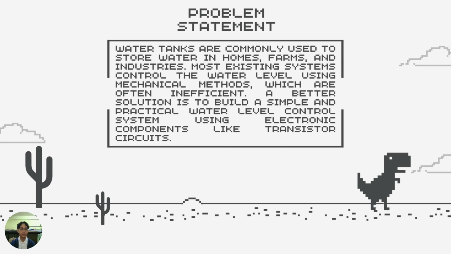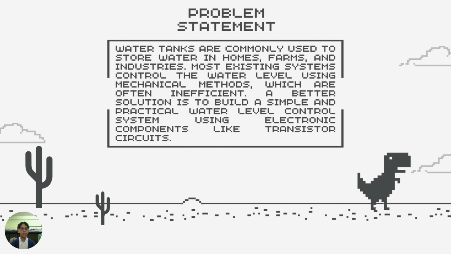As water usage increases in daily life, agriculture, and industrial operation, this outdated system can lead to overflow, wastage, or supply issues. A better solution is to build a simple and practical electronic water level control system by using components like transistor and operational amplifier to improve accuracy, automation, and reliability.